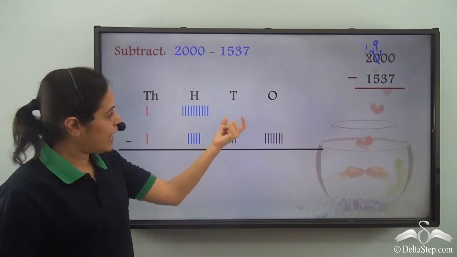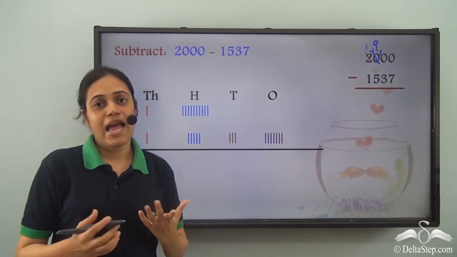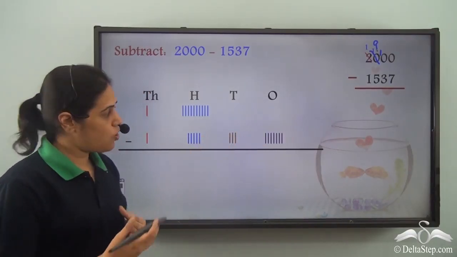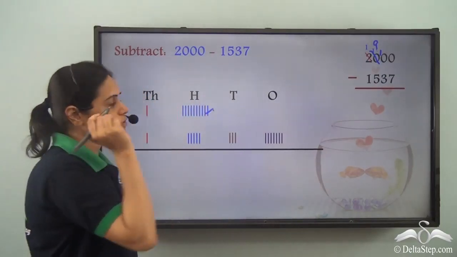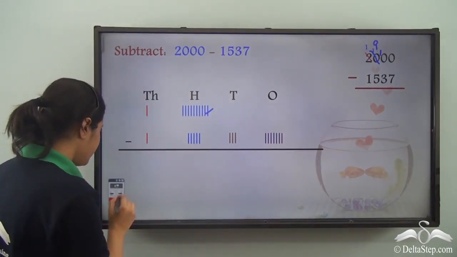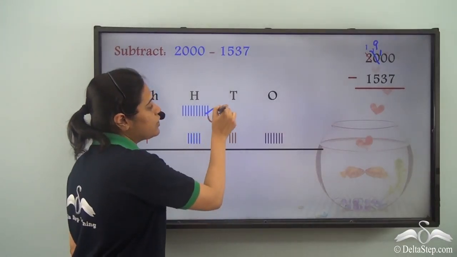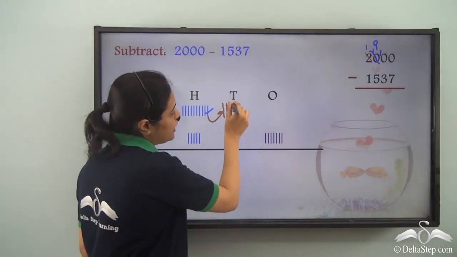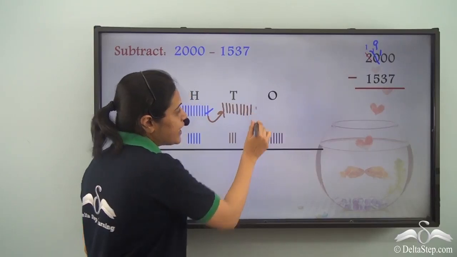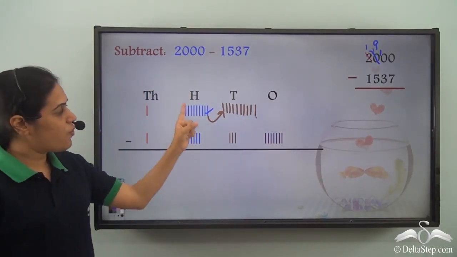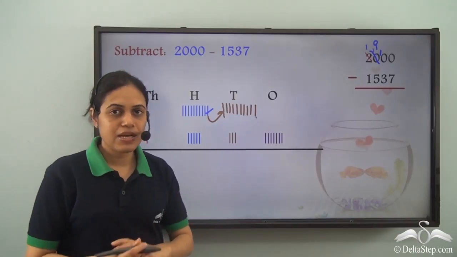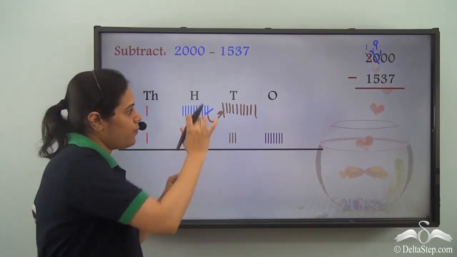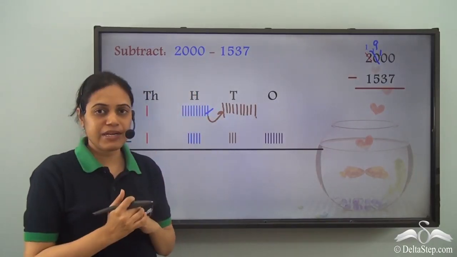Similarly over here, I see that there is nothing in the tens place and I need something in the tens place because I need to subtract these. So 1 from the hundreds place will shift to the right to the tens place and it will break down into 10: 1, 2, 3, 4, 5, 6, 7, 8, 9, 10 tens. 1 hundred is the same as 10 tens, because when we have 10 tens, they come together as a group and go to the hundreds place as 1.